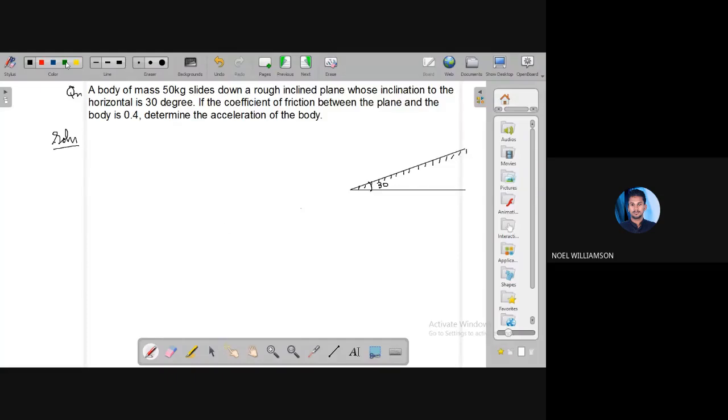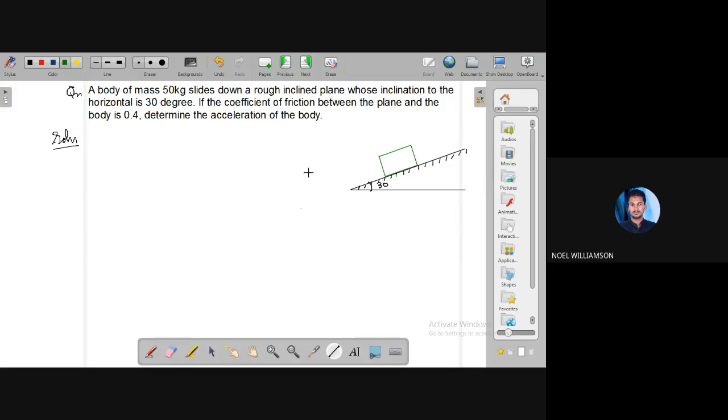The body having the mass 50 kg is placed over here, like this, and its mass is 50 kg.